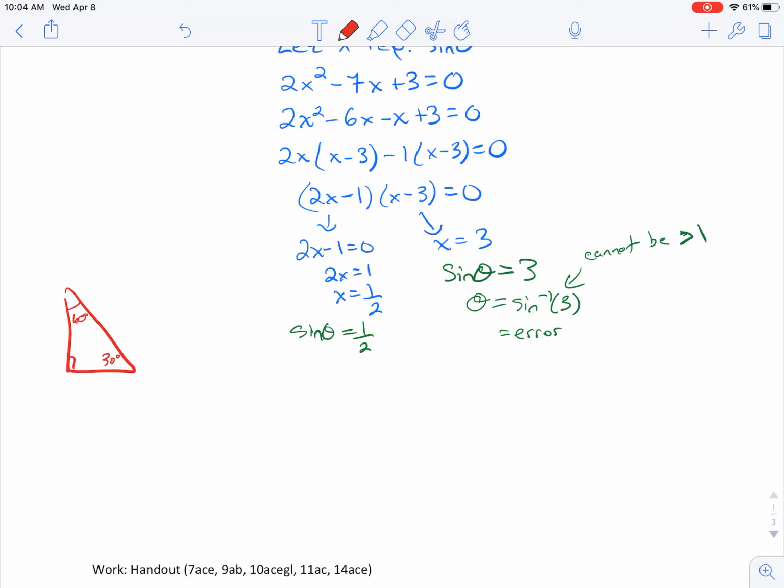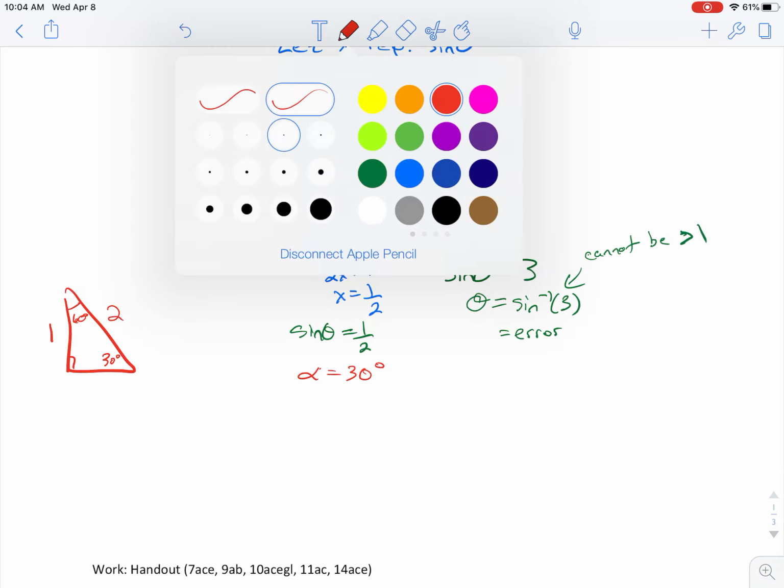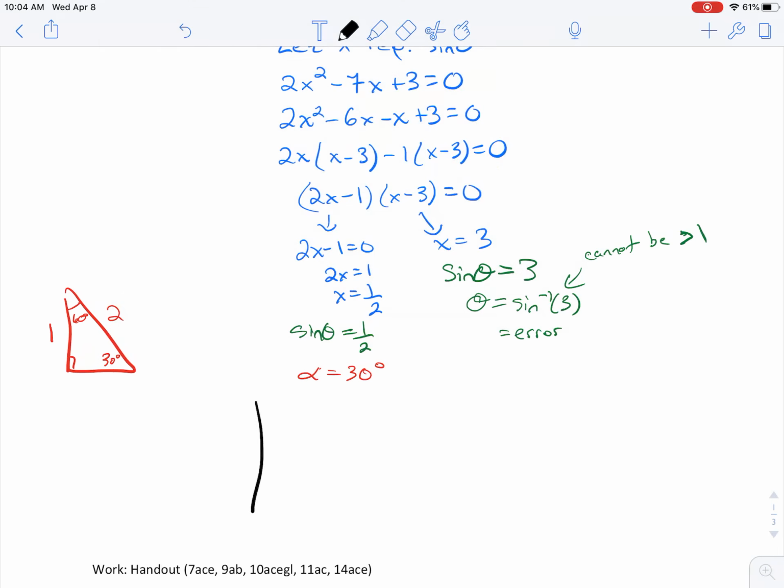Remember this one, you've got 30 degrees, 90, and 60. Sine uses opposite over hypotenuse: opposite of 30 is 1 and the hypotenuse is 2. So in this case, my related acute angle, or alpha, is 30 degrees.